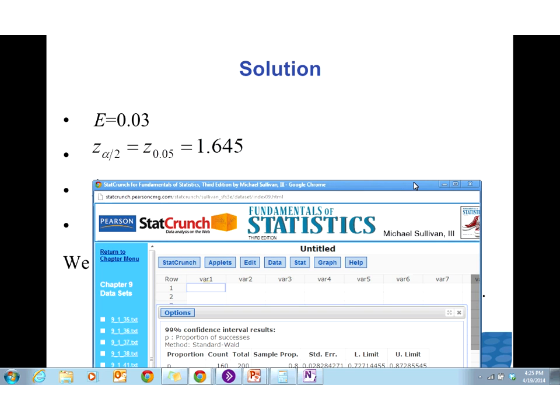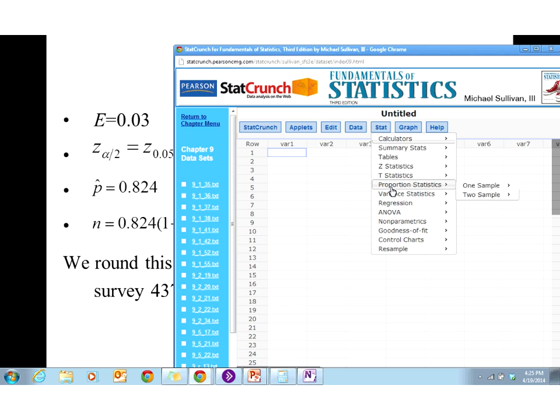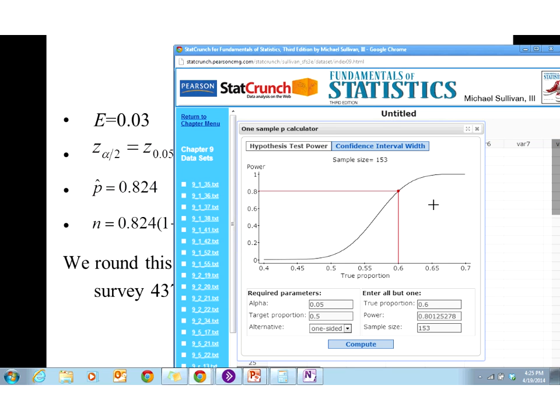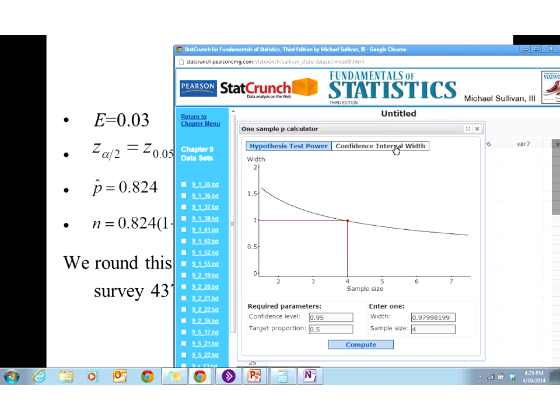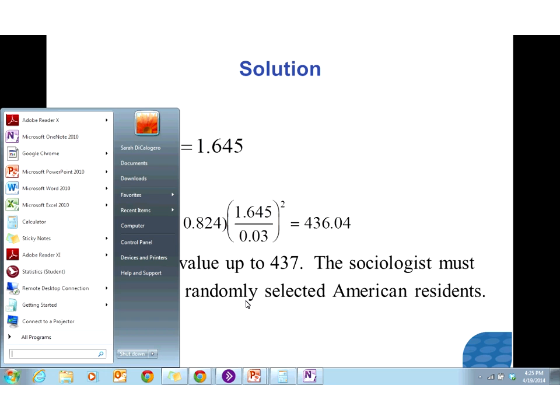Now, with a little bit of playing, I found a way to let StatCrunch help us with this problem. It's a little wacky, so you have to pay attention here. One sample, and we're going to do power / sample size. Confidence interval width. Remember this one was a 90% level of confidence.